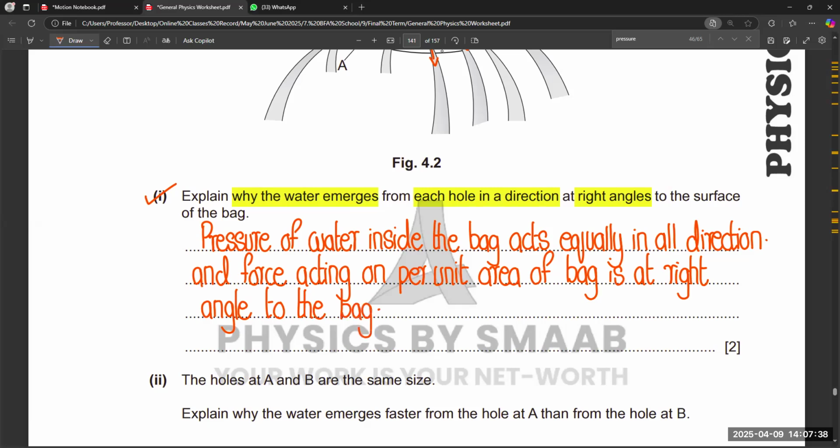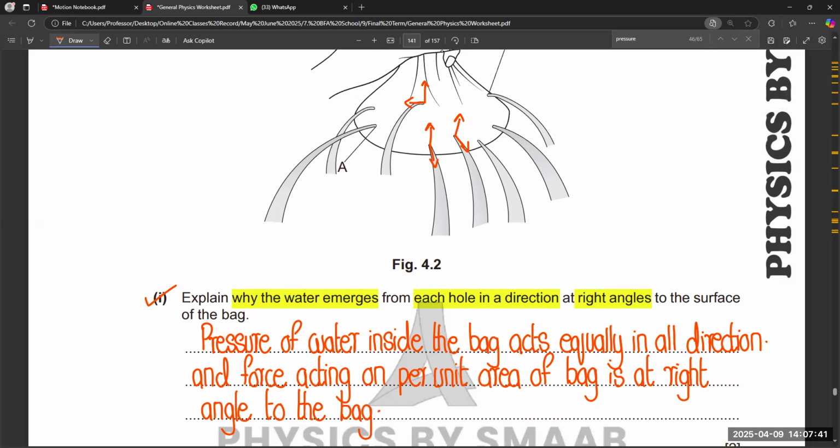Because particles hit the surface of the bag, and when they hit the surface of the bag, they are moving in horizontal direction. So that's why they are at 90° or at right angle to the surface of the bag.